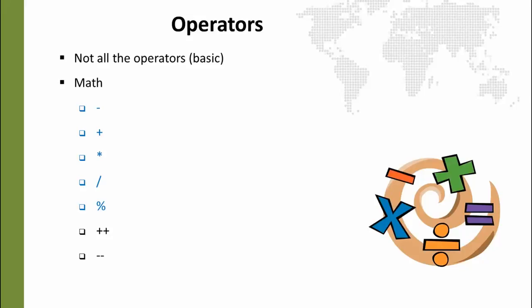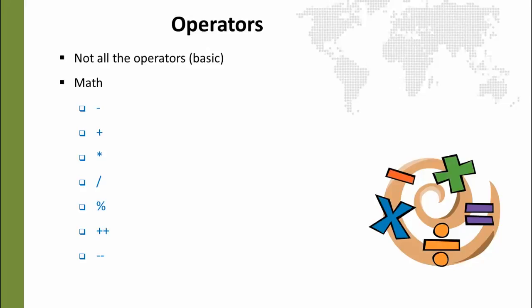That's the value. Next down the line, you see this weird plus plus and minus minus. These are called increment and decrement operators. If you put this at the end of a variable or a statement, it will make it so that variable gets incremented. So if you had a variable x that was equal to 1, and then you did plus plus, it's now going to be equal to 2.